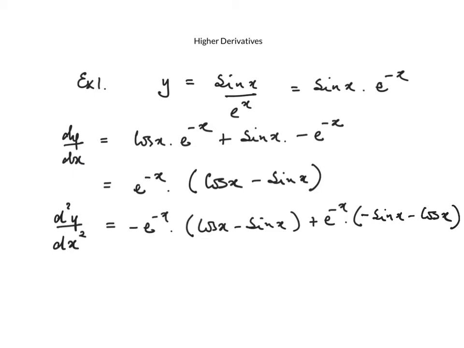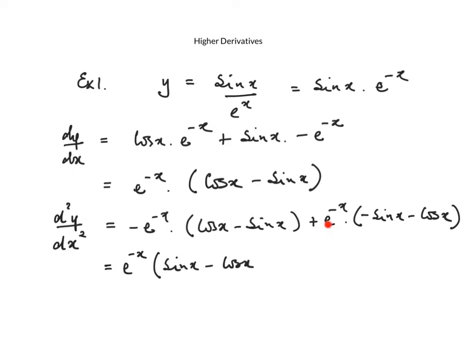Now I'm going to simplify again by taking out e to the minus x as a common factor. This negative here, you'll notice that I haven't taken the negative out. So this negative here makes this term positive and this term negative. So I'm going to have sine of x minus cos of x.